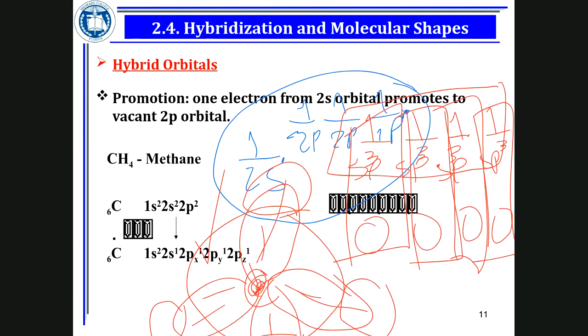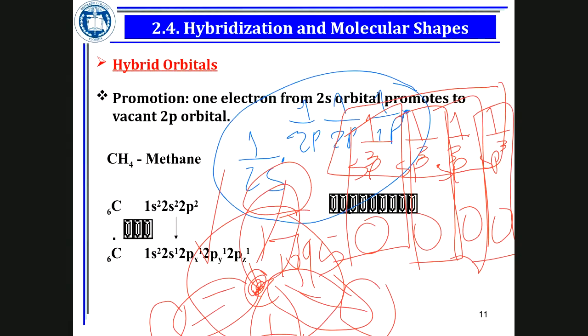Any questions about the sp3 hybrid, how it is formed, and how we justify the bond angle? Here it is going to be a 109.5 bond angle, and the shape is going to be tetrahedral.